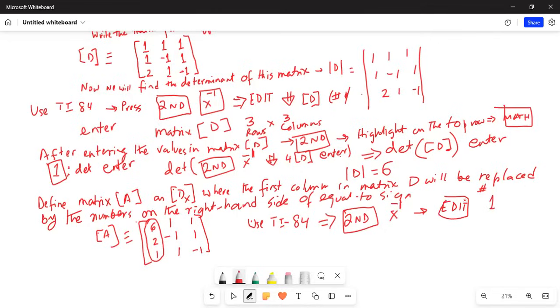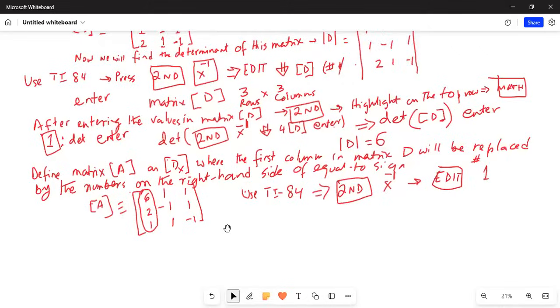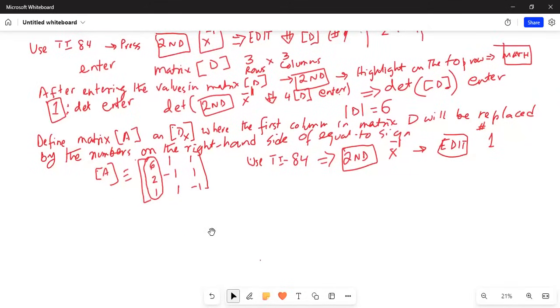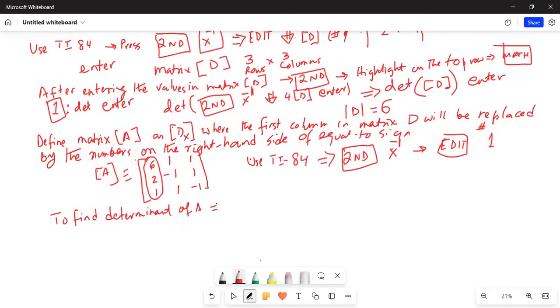Now we have to find out the determinant of matrix A. So the best thing is to shut it off, then on. Okay, so let me create some space. We have to find the determinant of A, which is given like this.